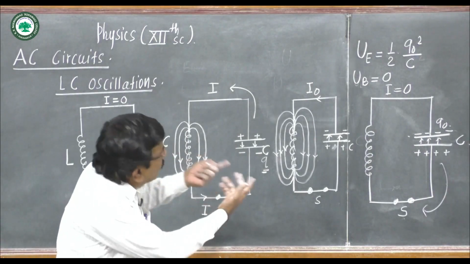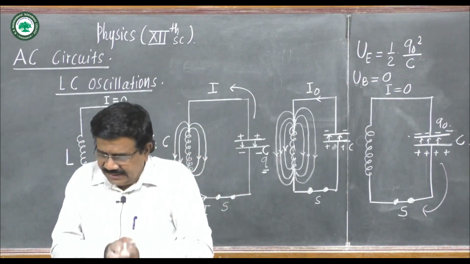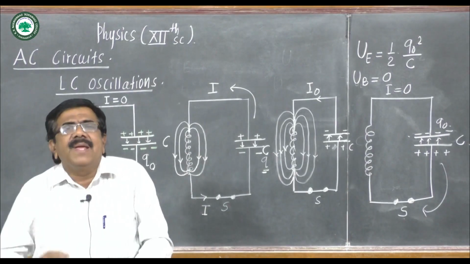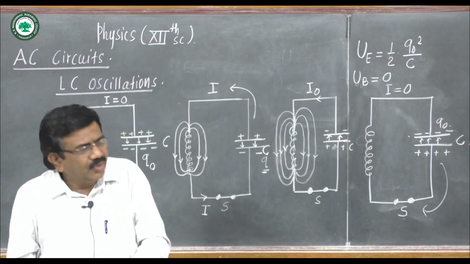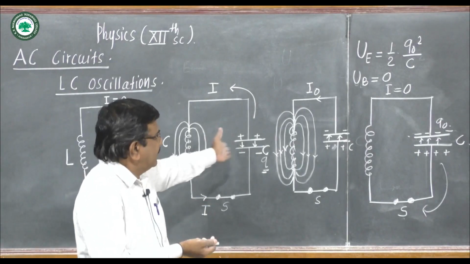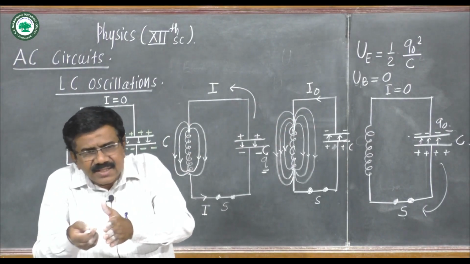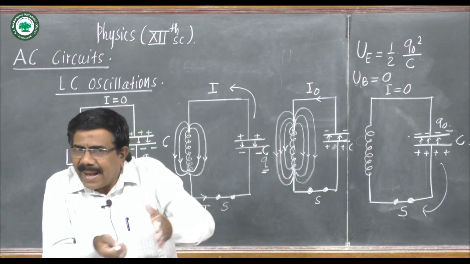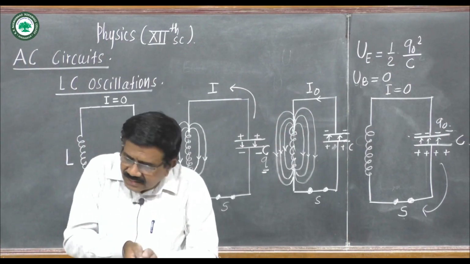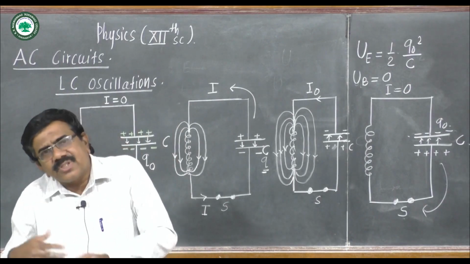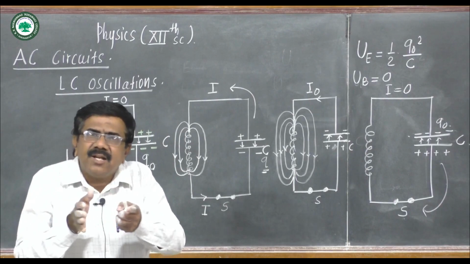If there is no loss of energy here, the amplitude of the oscillations will remain constant. During this process of changing the energy from the electric field energy of the capacitor to the magnetic field energy of the inductor, the process goes on repeating continuously.